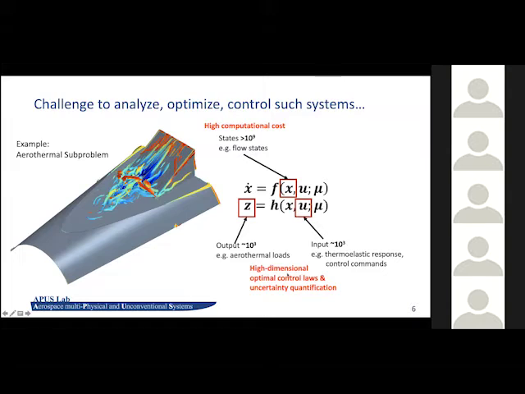Furthermore, if we want to control this system, then we also need to add some control commands. As you see, these are continuous structures, unlike the regular ailerons and so on, which only have one DOF. And here we really have this challenge of high-dimensional optimal control, controller design, and maybe high-dimensional estimation problems, which are nasty to tackle.